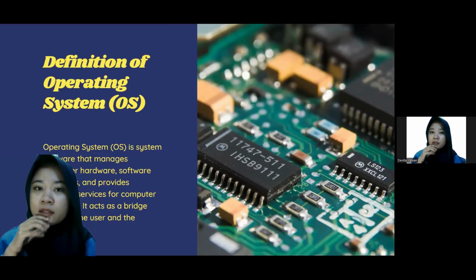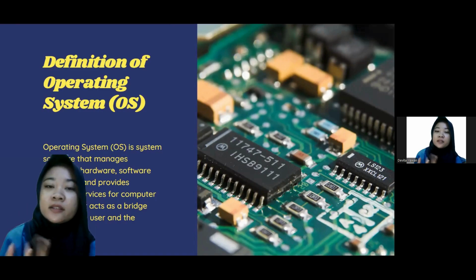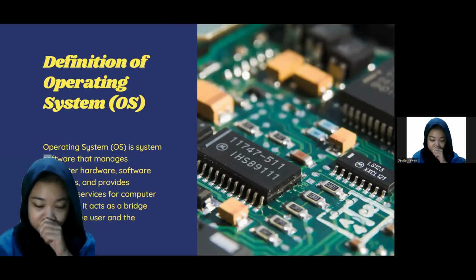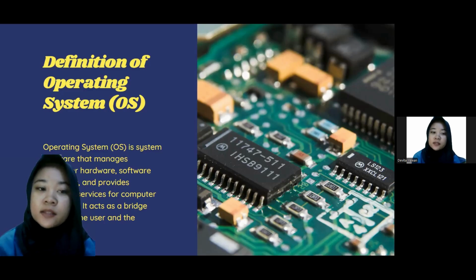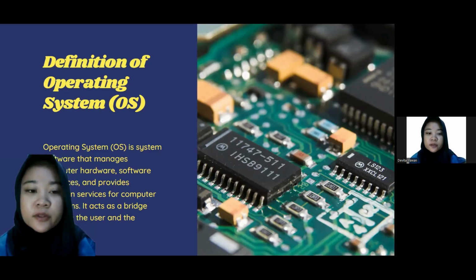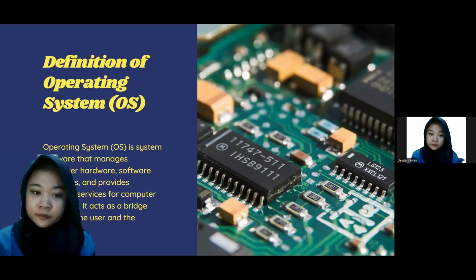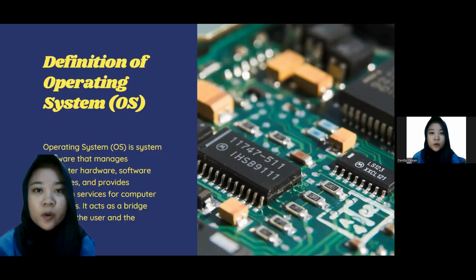The definition of operating system, or OS: a system software that manages computer hardware, software resources, and provides common services for computer programs.